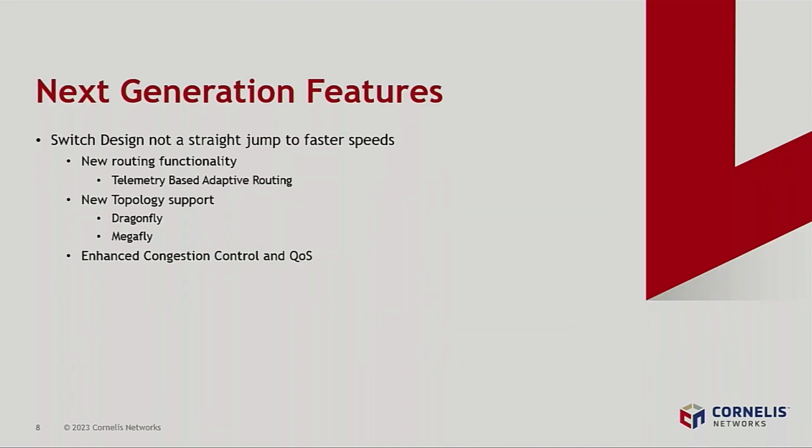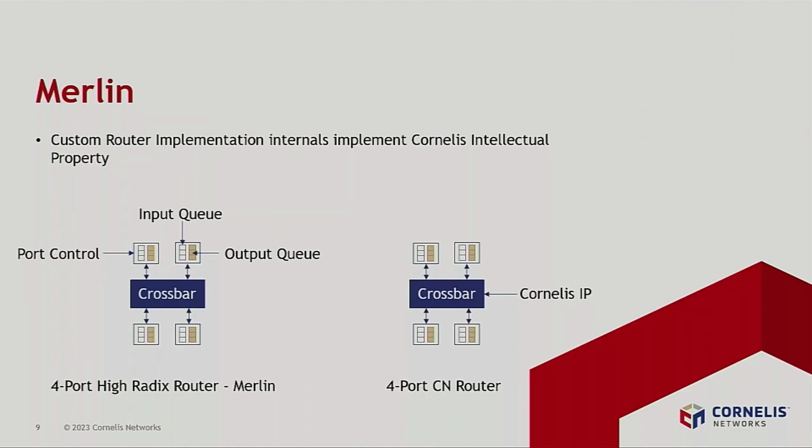So going forward, our new generational features are going to support telemetry-based adaptive routing, new topology support for megaflies and dragonflies, and enhanced congestion control and QoS. As I was saying, SST provides this really flexible framework where we can rewrite modules and put in custom IP behind it that we can then go away and validate.